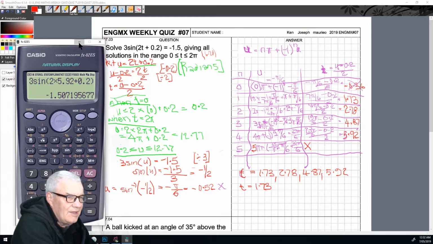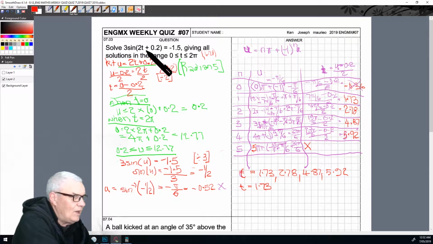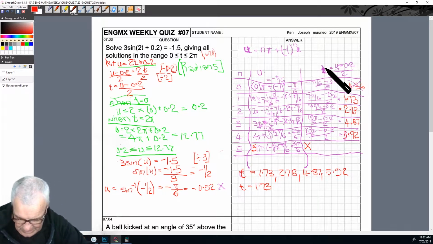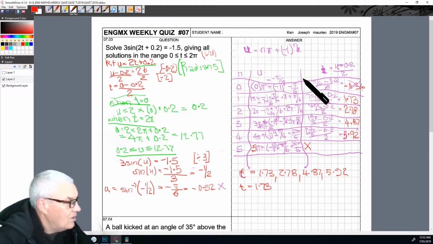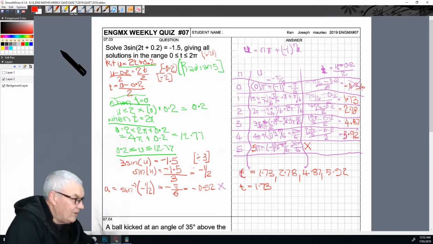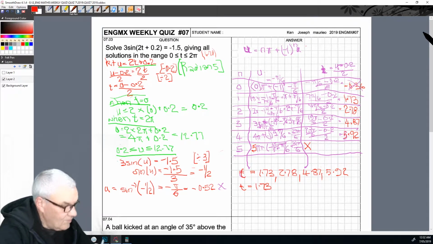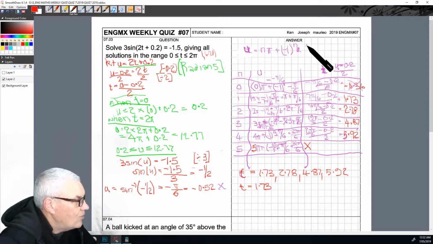So first of all, we substituted u in. We'll just say over here that this is from the formula sheet, but I've adjusted it for this situation.